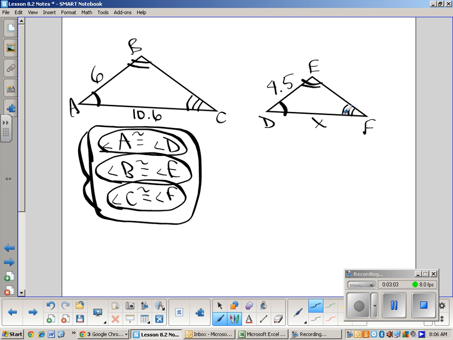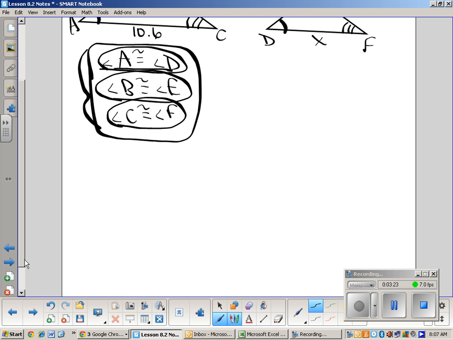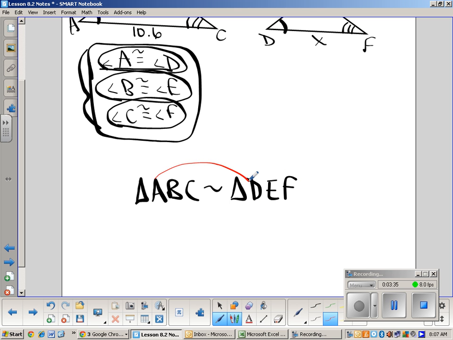Sometimes the triangles or the polygons, whatever shape they give you, will not be lined up exactly the same. Sometimes they'll be flipped around, rotated, reversed, upside down, whatever. Okay, so you have to make sure that you identify what matches up with what. If they had told me that triangle ABC is similar to triangle DEF, then they're telling us that these match up.